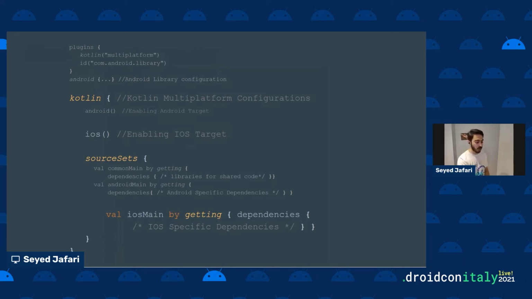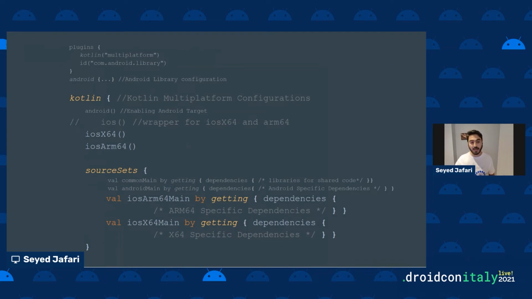Platform means the entire iOS platform, and what I did here is add all of the iOS targets to the compile time. So basically, this iOS function is a convenience method. It's a handy function for adding two targets at the same time. So we add iOS x64 and iOS ARM64, which are different targets for different CPU architectures of iOS.